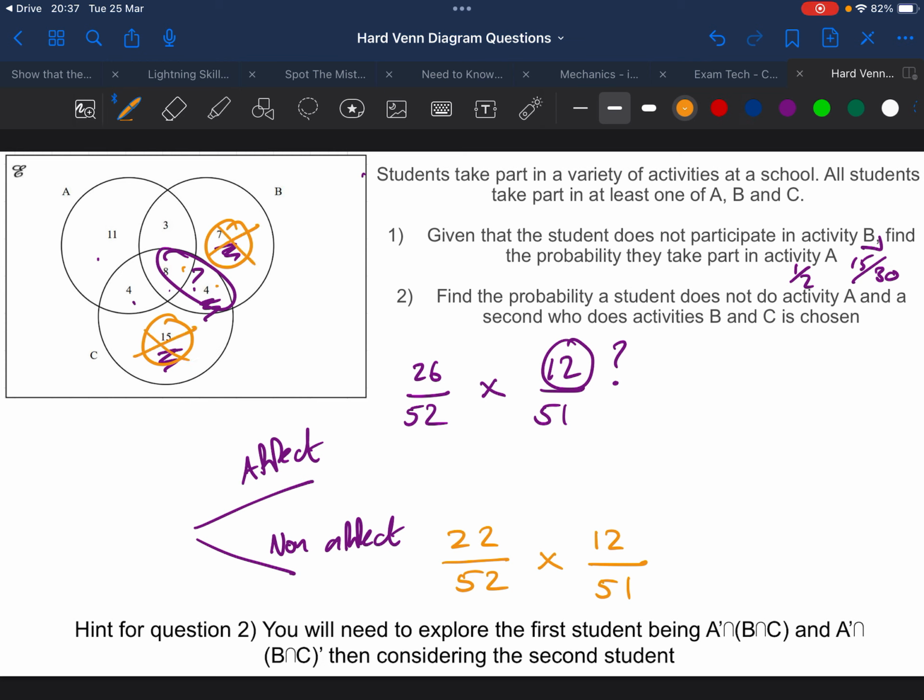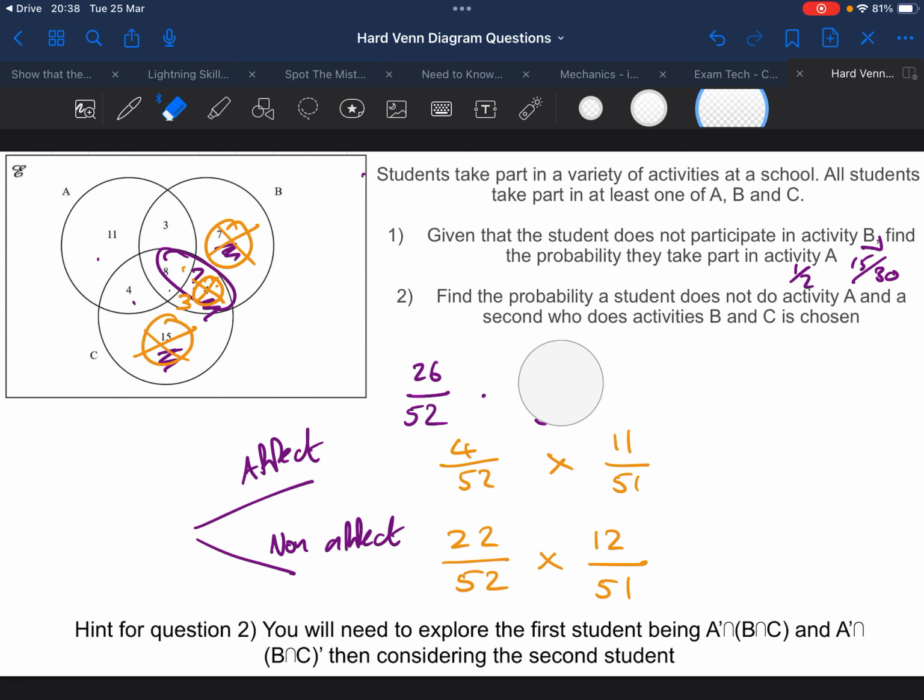Well, let's think about the other case. Imagine I had picked this student here. So I'm going to do 4 over 52. Can you see that that's the same as my 26 over 52? If I pick this one here, then for the next one, this wouldn't be a 4 anymore, would it? It would be a 3. So I can just put that now as an 11 over 51.